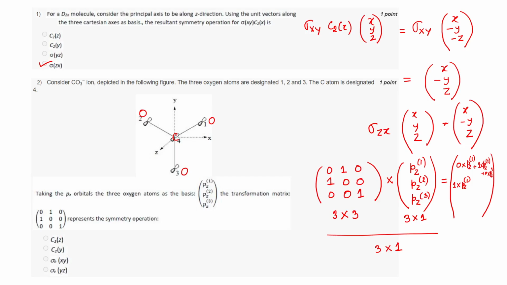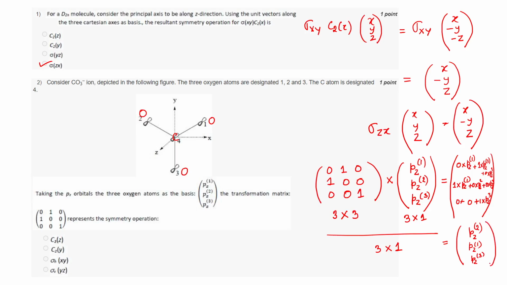So you take this, multiply along the row, along the column. 0 into Pz2 plus 0 into Pz3. Next will be 0 plus 0 plus 1 into Pz3. So ultimately what are we going to get? Pz2, Pz1 and Pz3.